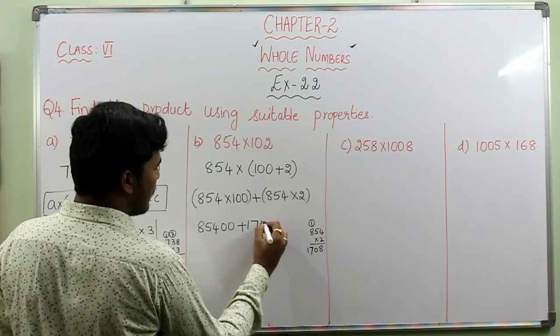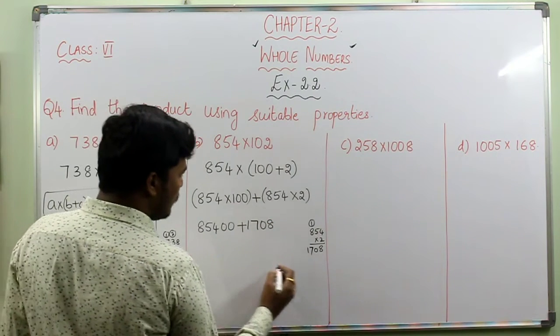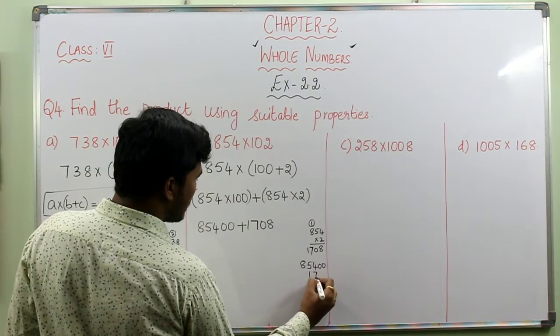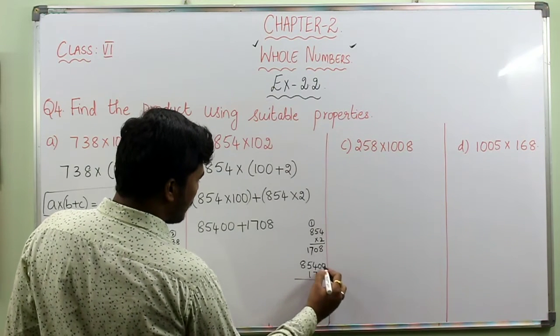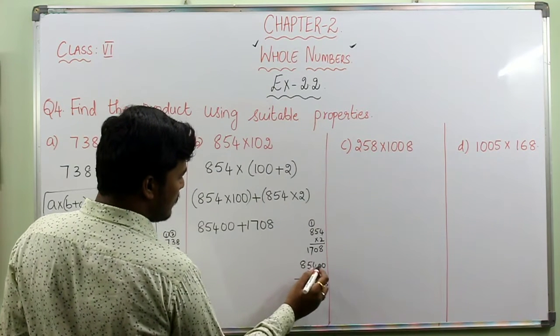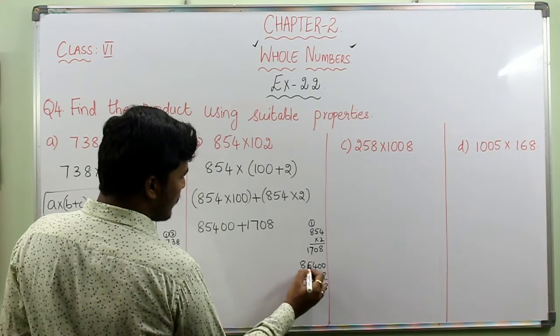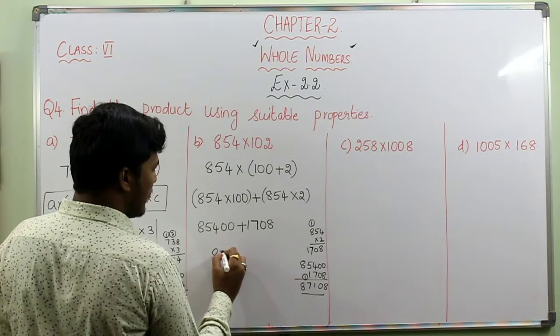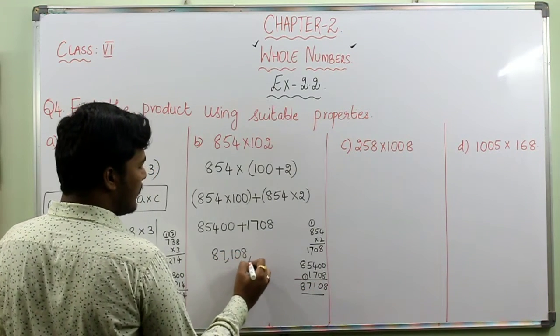So 1708. Now add these two, 85400 plus 1708. 8 plus 0 is 8, 0 plus 0 is 0, 7 plus 4 is 11, 5 plus 1 is 6, 6 plus 1 is 7, 8. So the answer is 87,108.